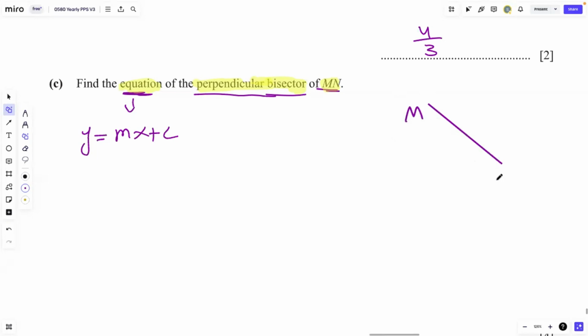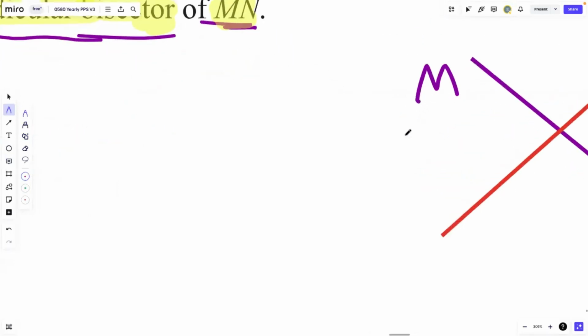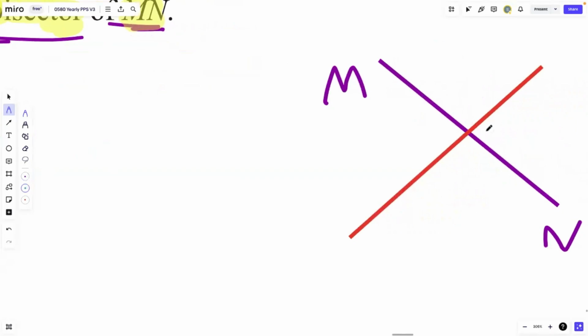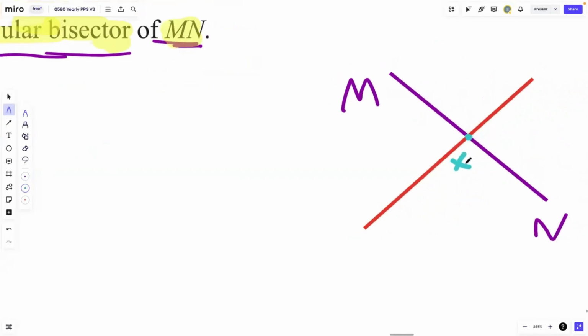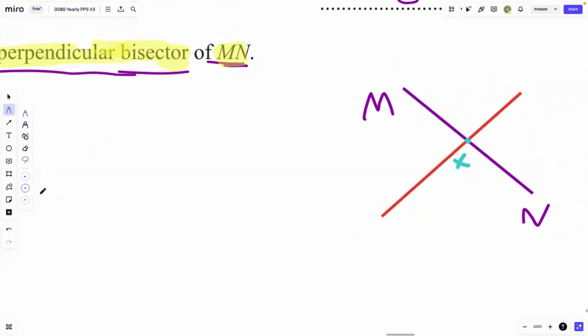M and N. Now the perpendicular bisector of MN is actually going to pass through the midpoint of MN. Let's label this point as X, with the line passing through.